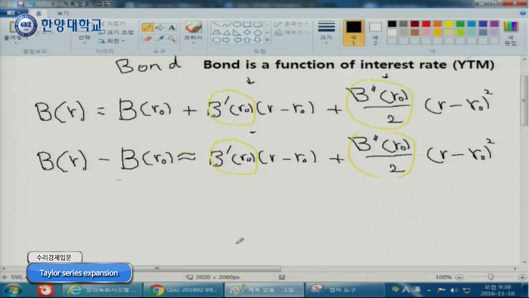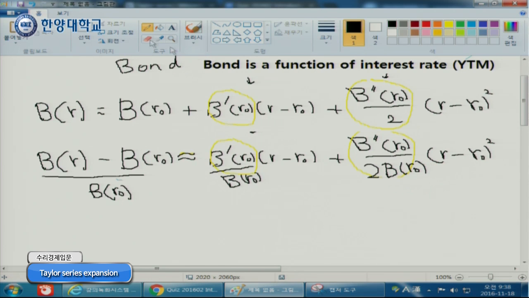Well, let's do something more. Divide both sides with B(R0). You can do slightly more. B(R0), and then B'(R0), and then let's do this one, and then B''(R0) over 2 B(R0), right?